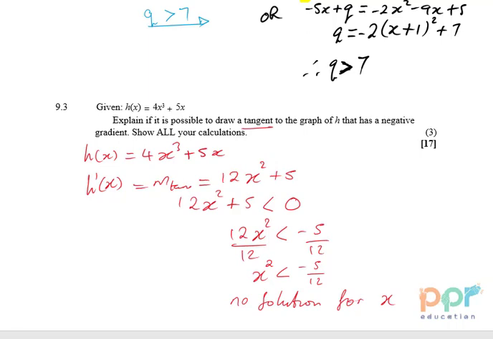So since there is none, it means I would always have a gradient to the graph of h that is positive or equal to 0 for all x, an element of real numbers. So I cannot have a negative gradient since there is no solution for x. So therefore there is no tangent that will have a negative slope.